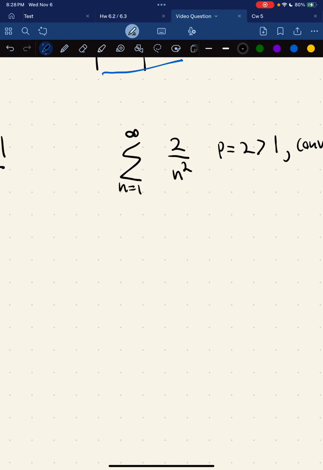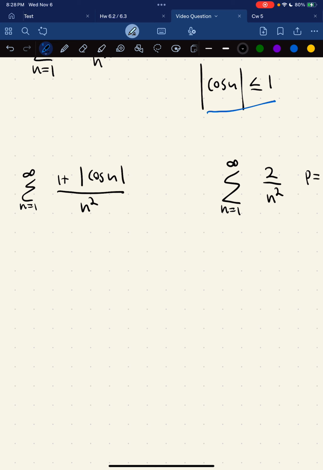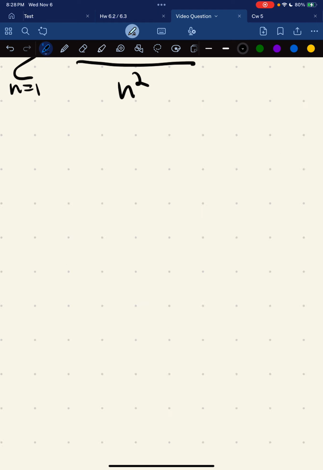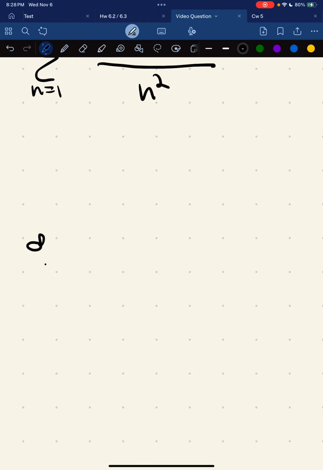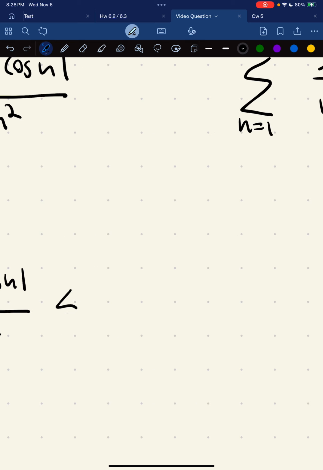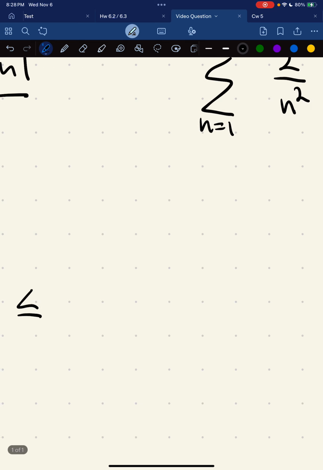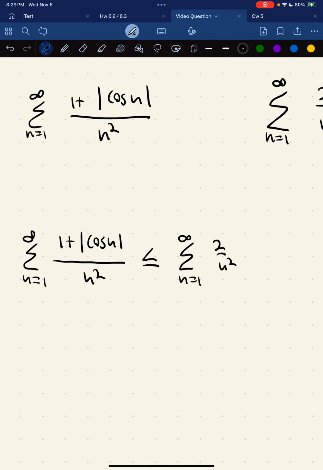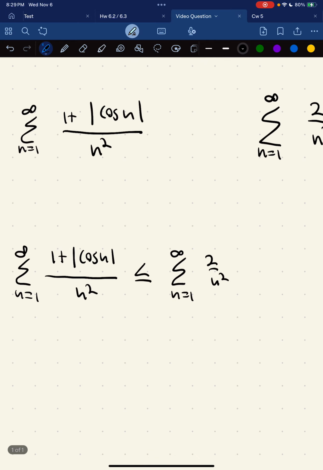We know this, but if we compare it to the absolute value of our given series, we can tell that our p-series is always going to be greater than the absolute value of our given series. So we can do a direct comparison. The series (1 plus absolute value of cosine n) over n squared is always going to be less than or equal to the p-series of 2 over n squared. This is because the cosine will oscillate between 0 and 1.